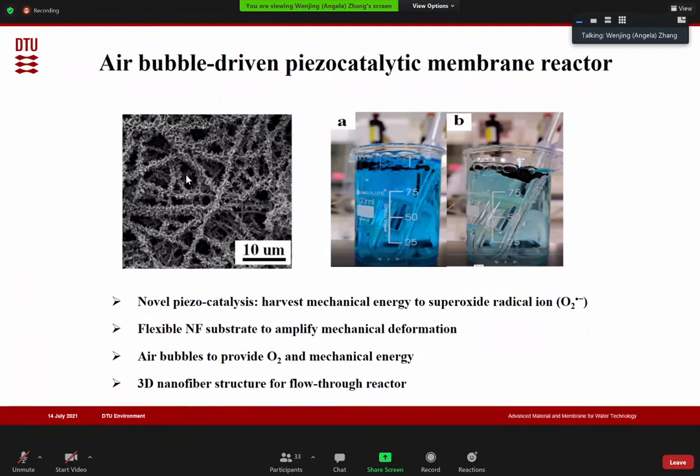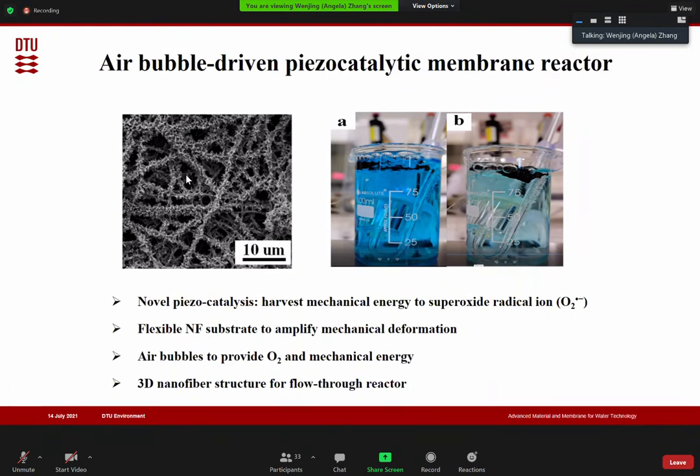And the flexibility of the nanofiber substrate also amplifies the mechanical deformation. And the air bubbles not only provide such explosion to transfer the mechanical energy to the nanofiber membrane, but also supply oxygen, to further enhance the generation of superoxide radical ions.